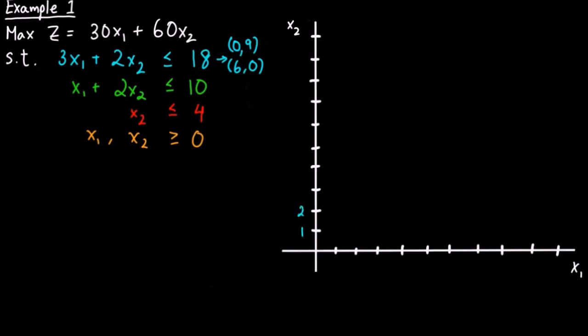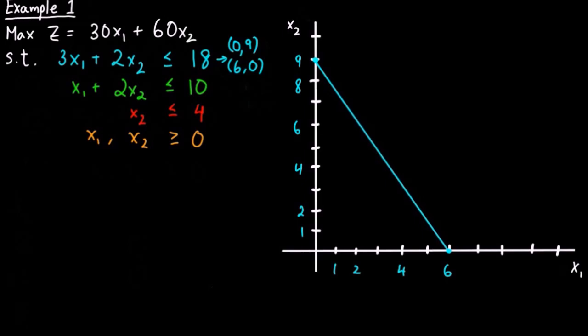So labeling our graph, we can plot each of these points. We have 0, 9, and 6, 0. We'll connect these dots, and that's our first constraint.